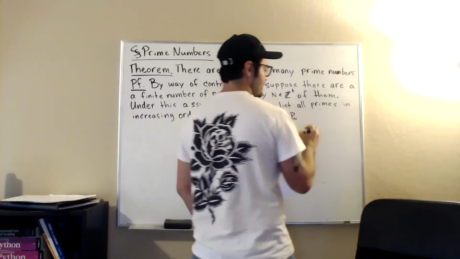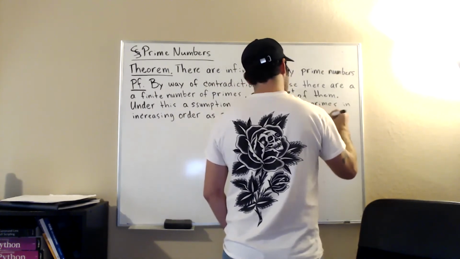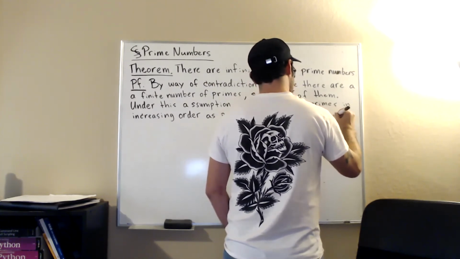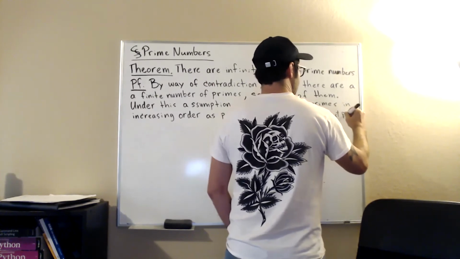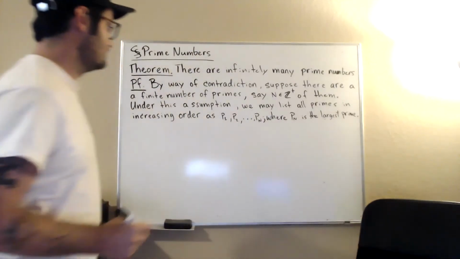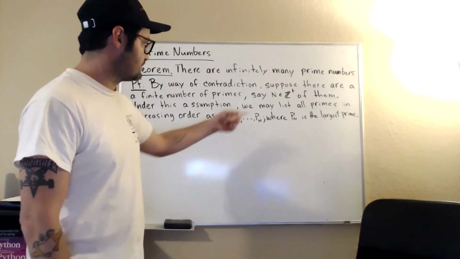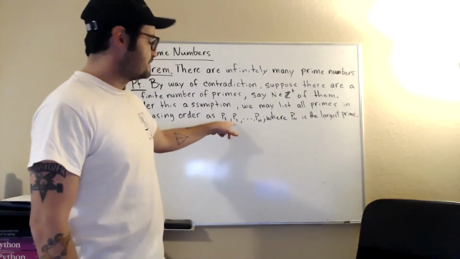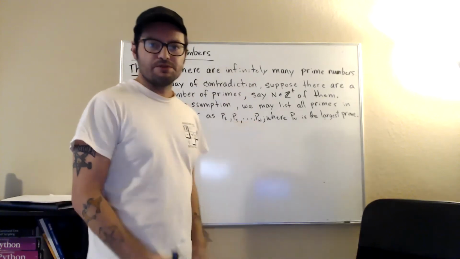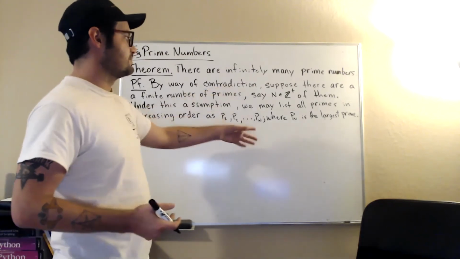Pn is the largest prime. So it's a finite number of them, we can put them in this finite list in increasing order. So that'd be 2, 3, and then 5, and then 7, and so forth and so on until we get to Pn, which is the largest prime that exists. So we're assuming for contradiction there is a finite number.